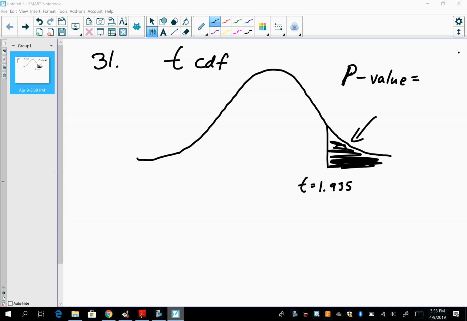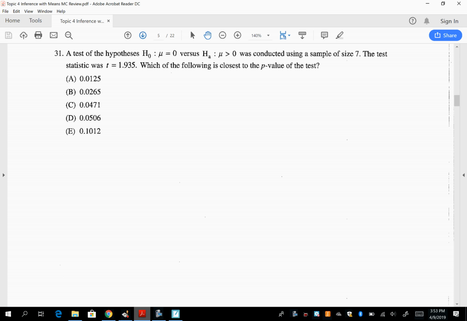And if you double 0.0506, you get 0.1012. So that's students not looking at the alternative hypothesis. They're just doing two-tail. If this would have said not equal to, then it would be both tails. Does that link in your head?